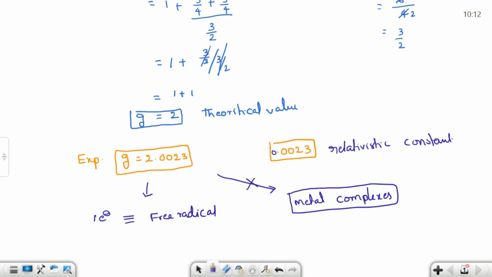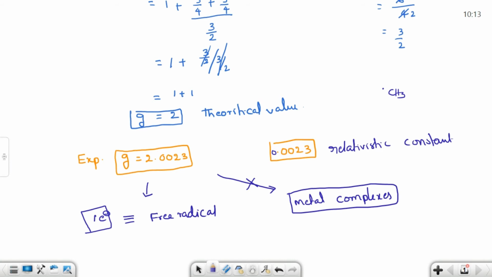What is the reason? Whatever single electron is present on the free radical molecule can move in all directions, similar to a normal single electron. When you take a free radical, for example methyl radical, it has an electron, called the odd electron. This odd electron can also move in all directions freely. That's why the G value for a free radical is exactly equal to the G value of a free electron.